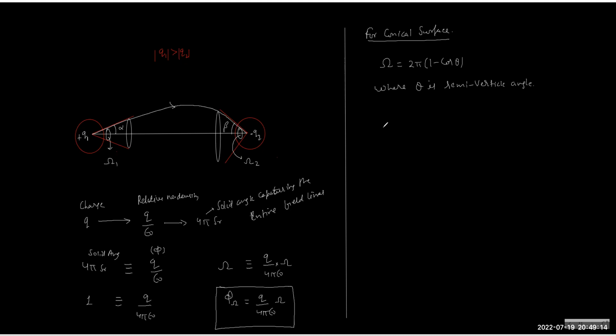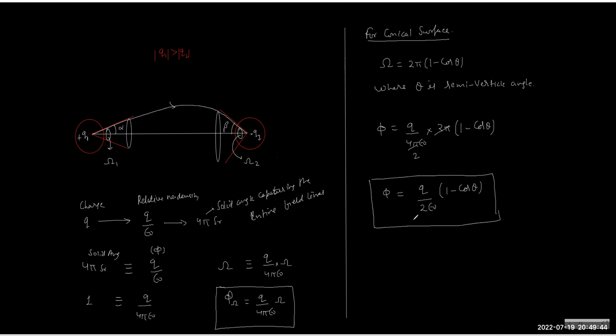So phi we can also relate with the semi-vertical angle, and therefore this turns out to be the following. If you know the semi-vertical angle of a cone, you can exactly calculate how many field lines are leaving.